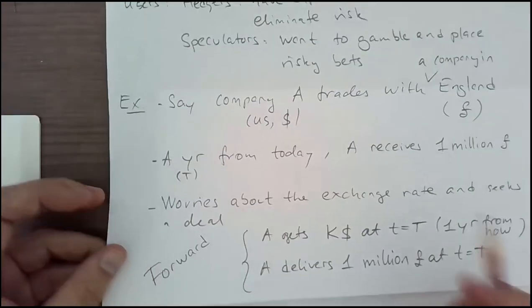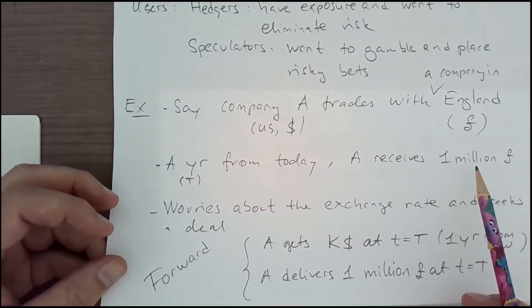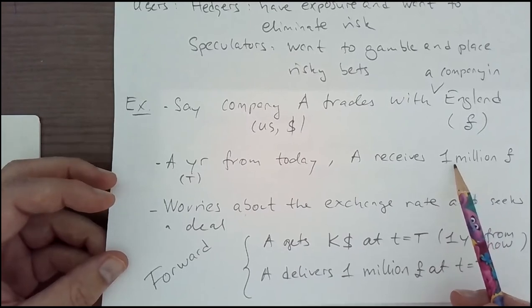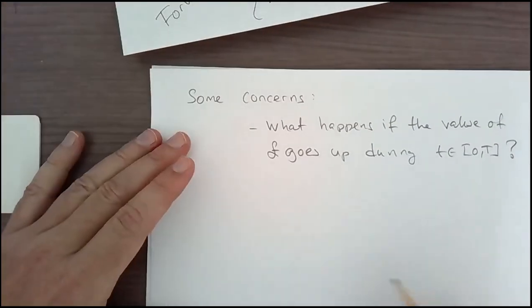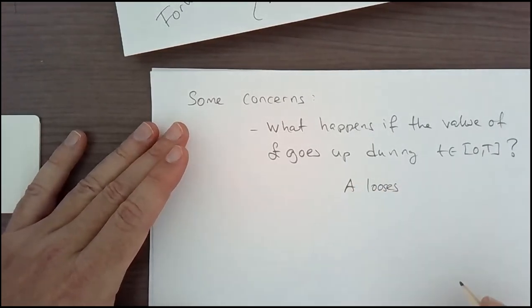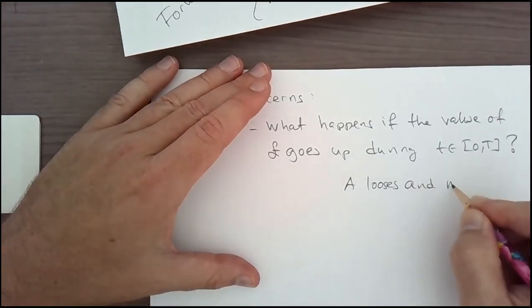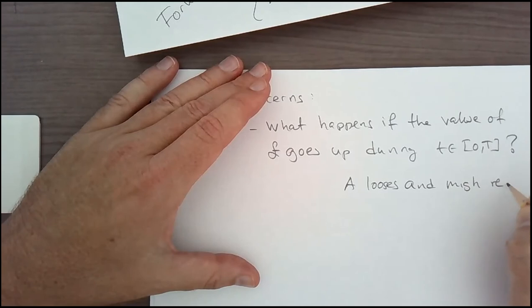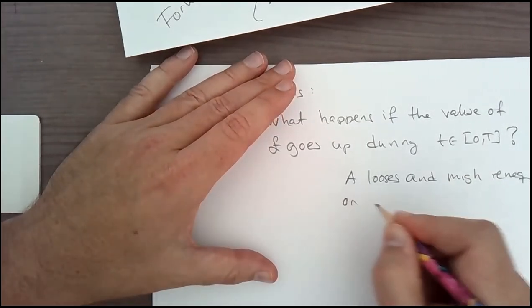If the value goes up, then that 1 million pounds is going to become more valuable. But he's given it up now. So A loses. And he might renege on the deal.